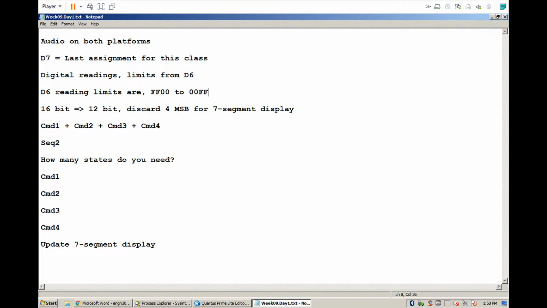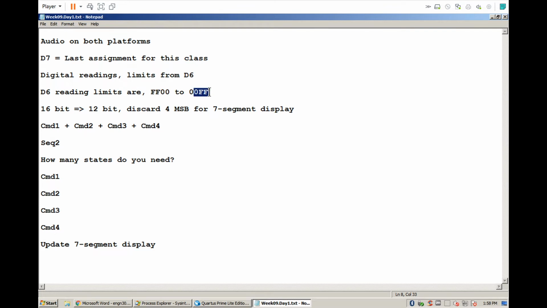So when you use this sensor to measure the angle, automatically you know that there's an upper limit and a lower limit. The sensor is well capable of measuring beyond this limit, but because of the physical limit, you're not going to go beyond 00FF or FF00. So that means these three digits are relevant to our measurement.